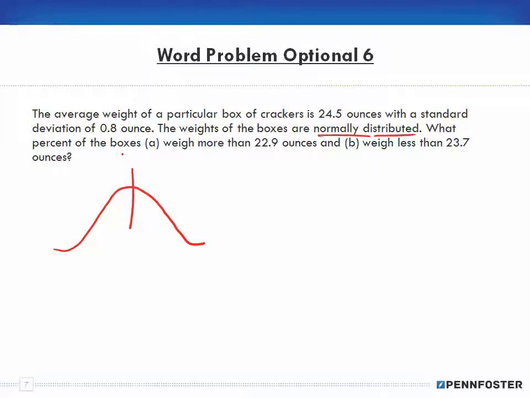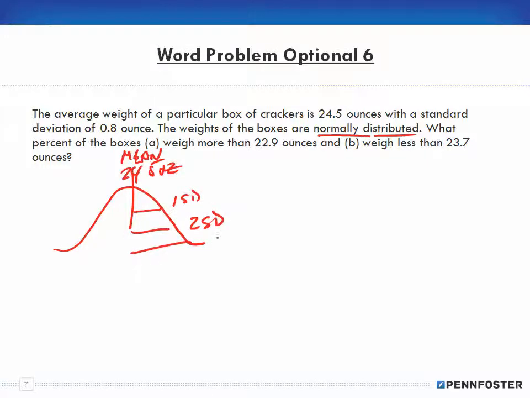And remember, this is your mean right in the middle, and it's telling us that the weight of a particular box of crackers is 24.5 ounces with a standard deviation of 0.8 ounces. So this is 24.5 ounces. And remember that you have one standard deviation, and you have 2 standard deviations.